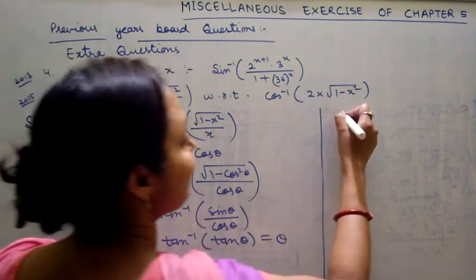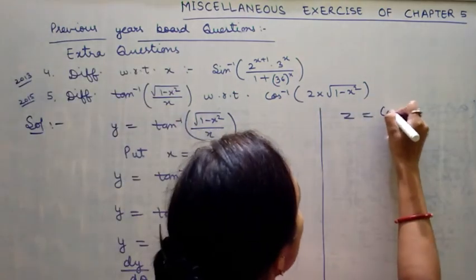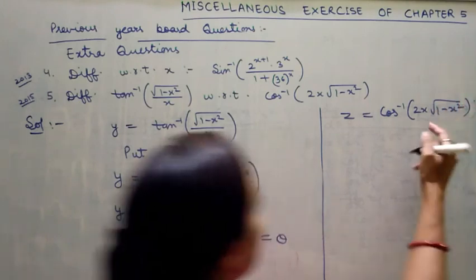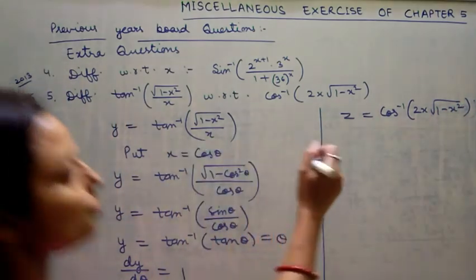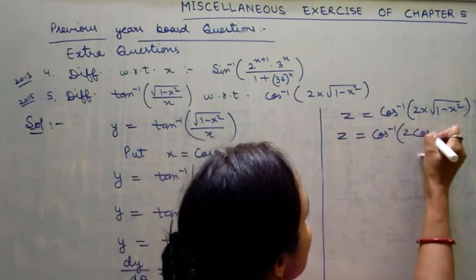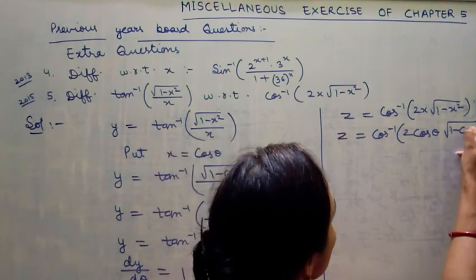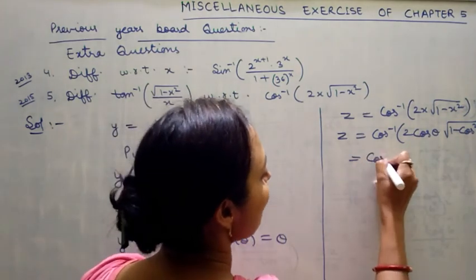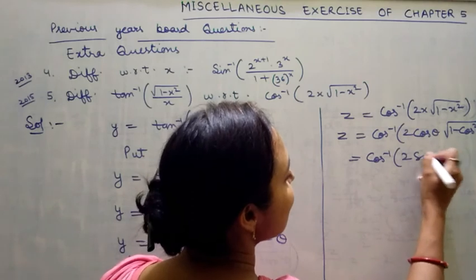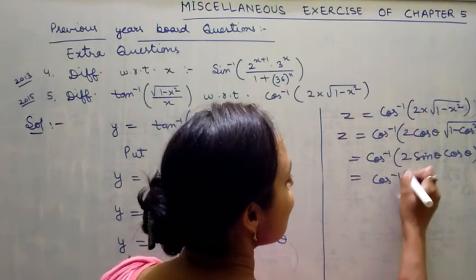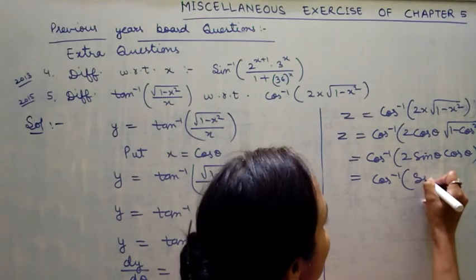Now come to the z. z is equal to cos inverse of 2x under root 1 minus x square. The substitution is the same, that is cos theta. z is equal to cos inverse of 2 cos theta and under root 1 minus cos square theta. That becomes sin theta. So I will take it as cos inverse of 2 sin theta cos theta. It will equal cos inverse sin 2 theta, right?